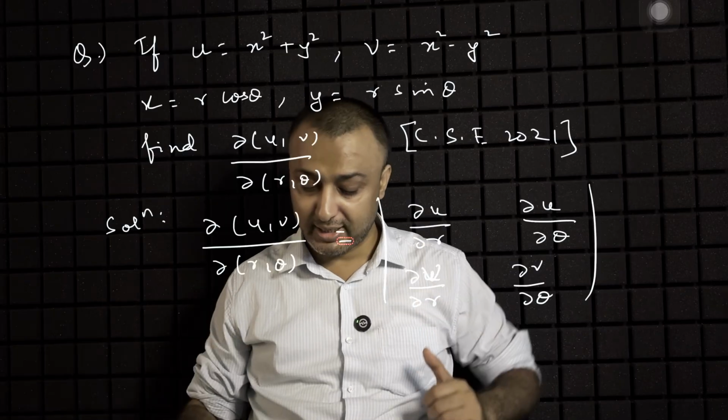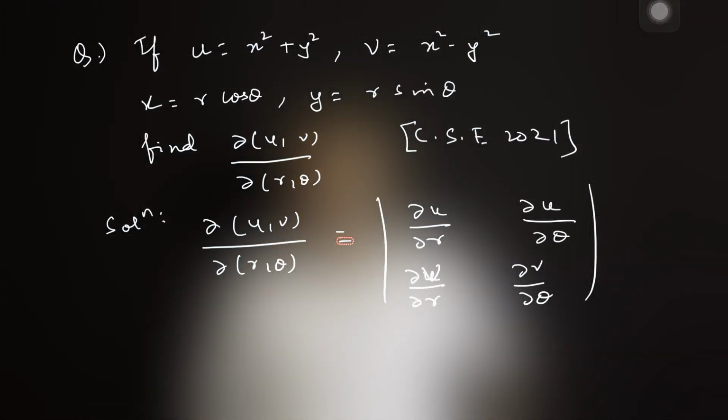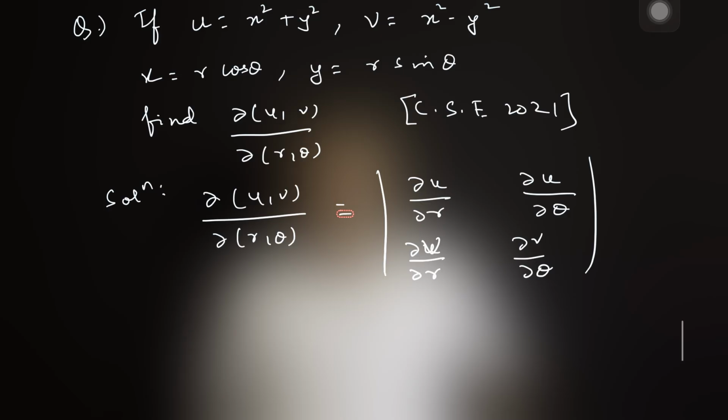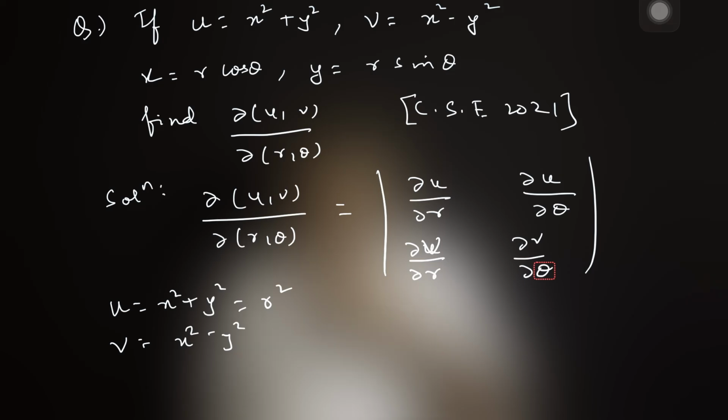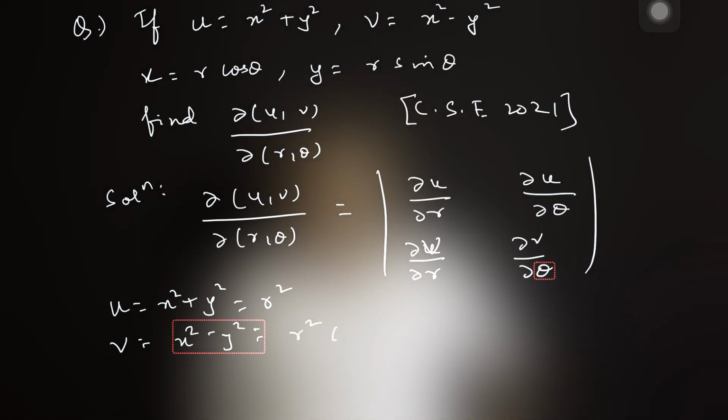I can write u is equal to x square plus y square, which is equal to r square, and v can be written as x square minus y square, so r square is common, and this is r square cos 2 theta.